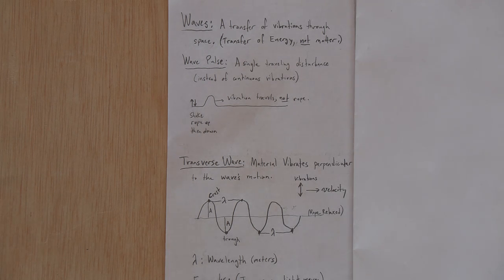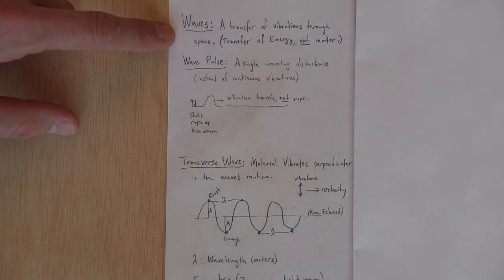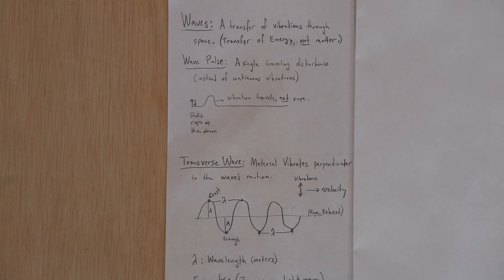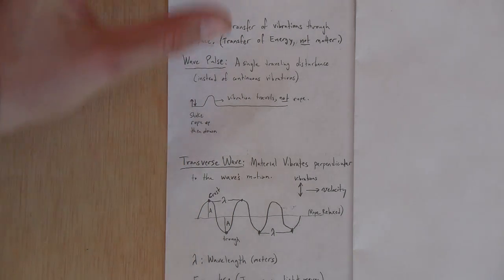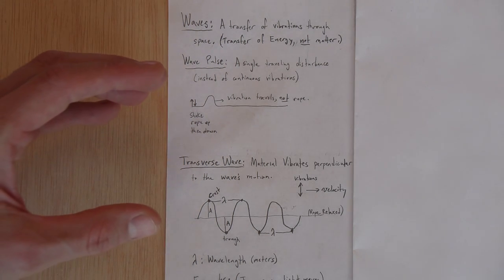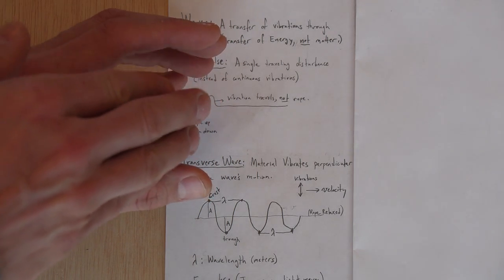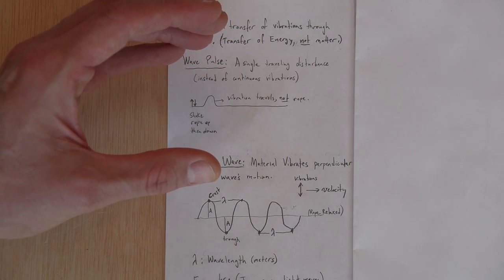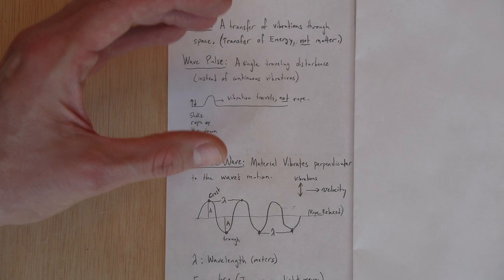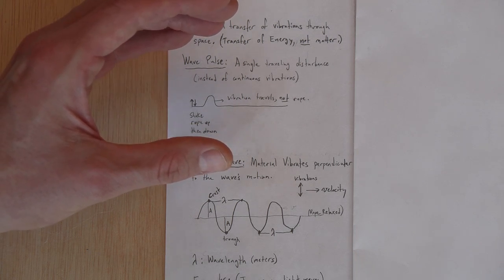So the first thing I want to point out is that waves are a transfer of vibrations through space, and the transfer is of energy, not matter. If you looked at the videos, and you can look again, the person shaking their hand and putting a vibration into the spring, the coil of spring that's in that person's hand stays in that person's hand.